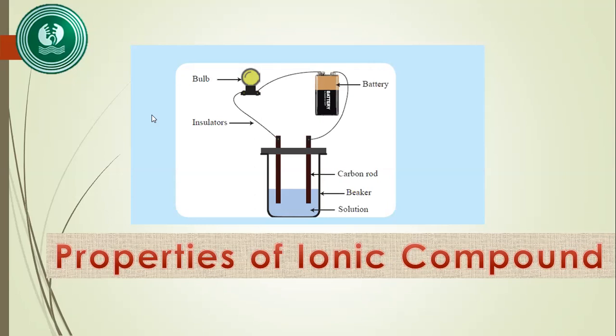In this molten form, the ions are movable. And we can dissolve these ionic compounds in a particular solvent, mostly water. Then they become aqueous ions, and these ions are movable. Then the solution conducts electricity.